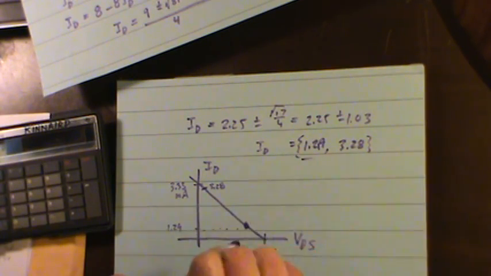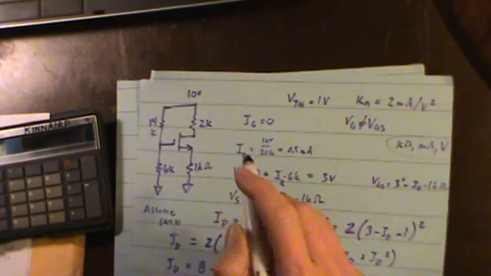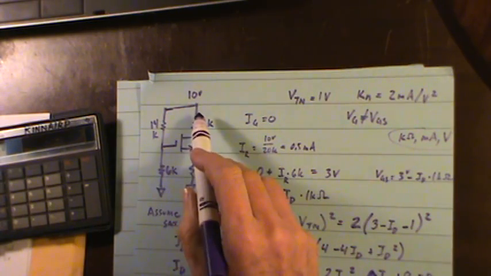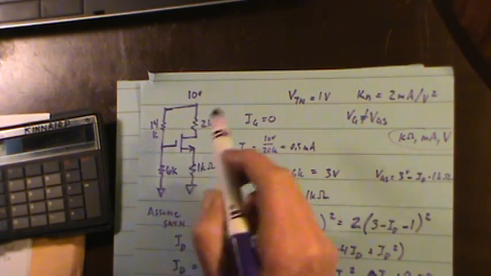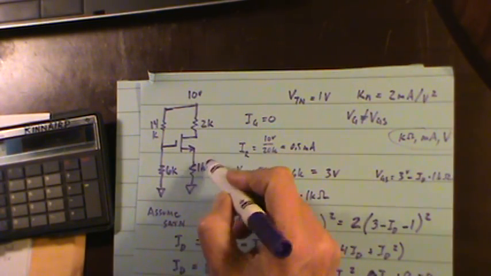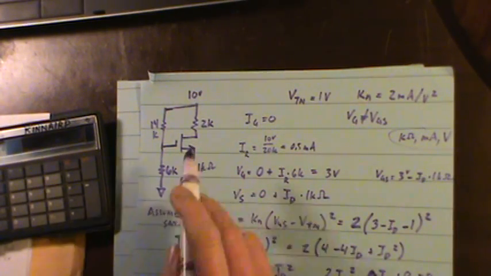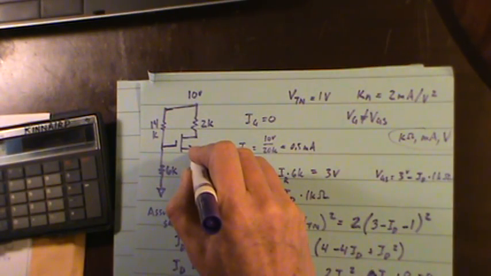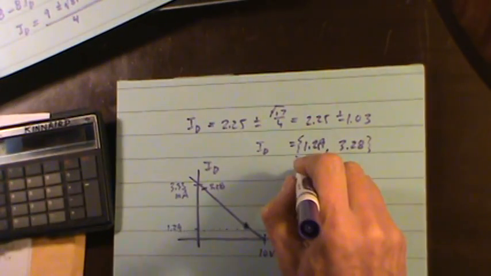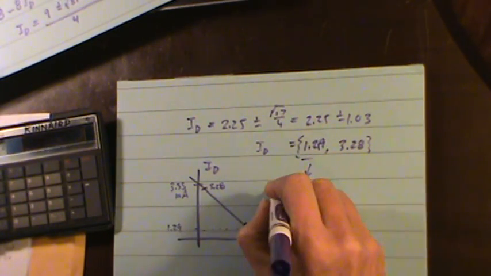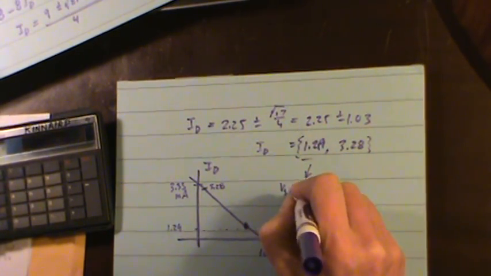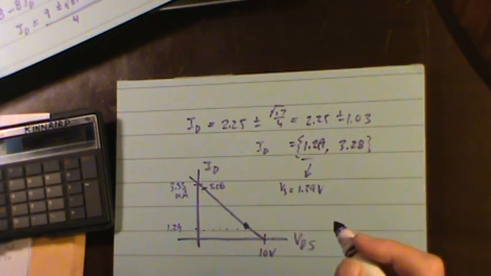So if I look at that first, let's just check it out. If I've got 1.29 milliamps going through a 1k ohm resistor, that would make this 1.29 volts at VS. So if this is true, then VS equals 1.29 volts.